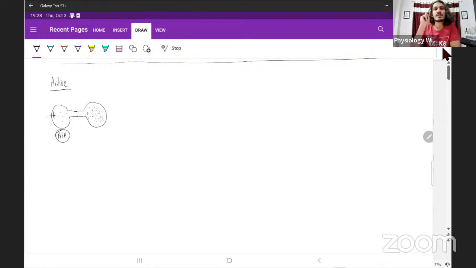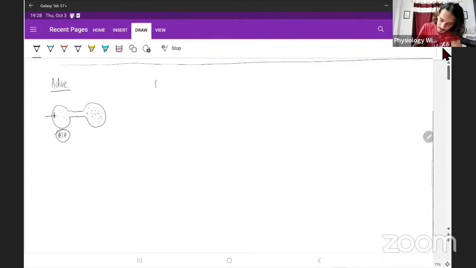Now, active transport can be divided into two types. This is very important question. Okay, so one is primary active, the other one is secondary active. So in primary active, I'll first give you the example.